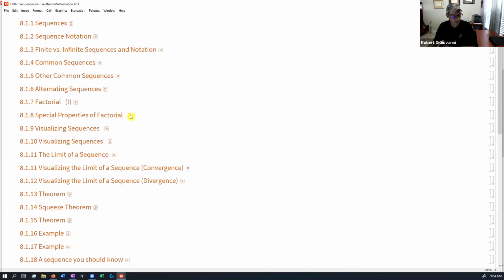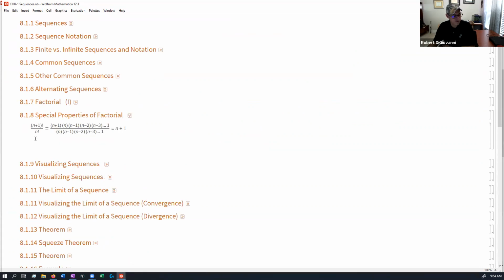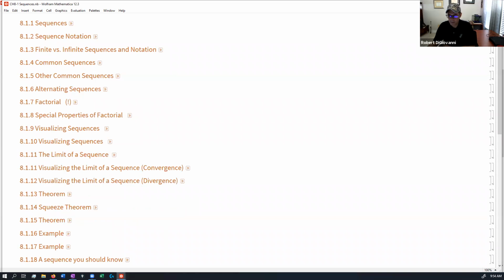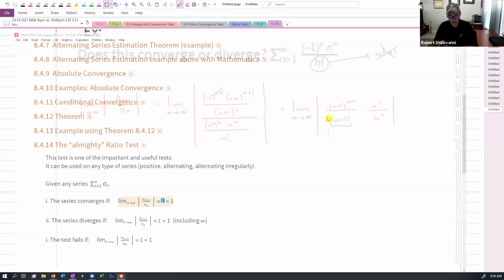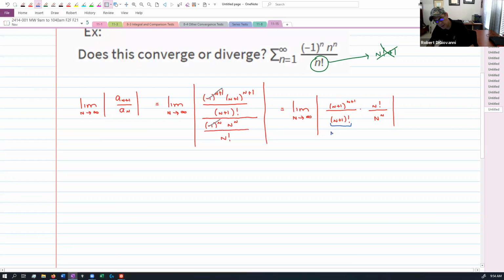If you go to 8.1.8, a special property of factorial is that when you have n plus 1 factorial, that can be rewritten by peeling off one of the factors. So I can rewrite this as n plus 1 times n factorial. That's really an important property. We need that now. And then when we do that, this n factorial will cancel.